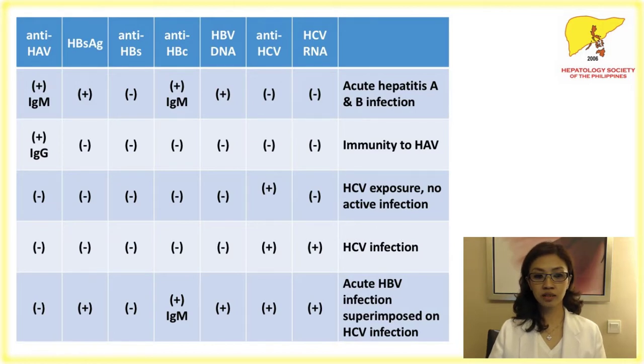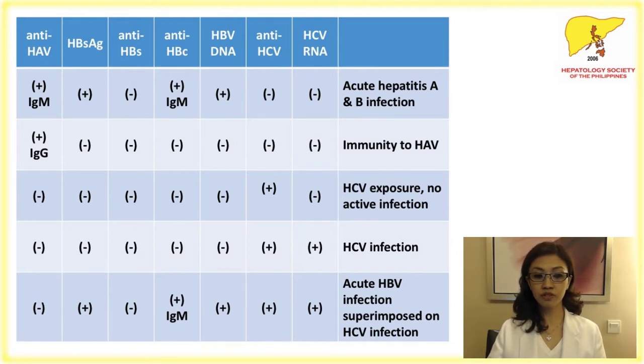Next set, we see that the predominant HAV antibody is of the IgG type. This means either immunity via vaccination or through resolved infection. The third one shows positive antibody to HCV without detectable viral load. This means exposure to hepatitis C without necessarily having active infection.